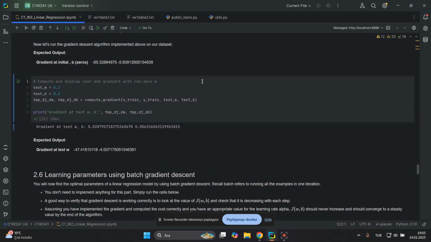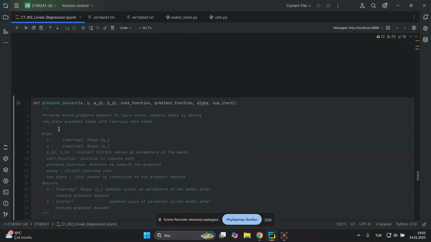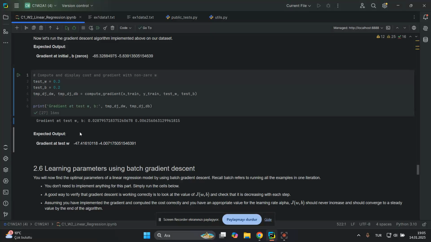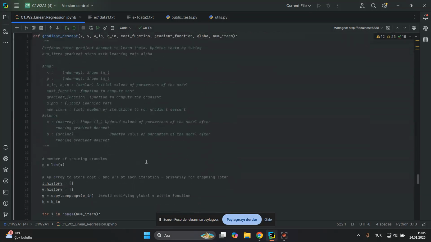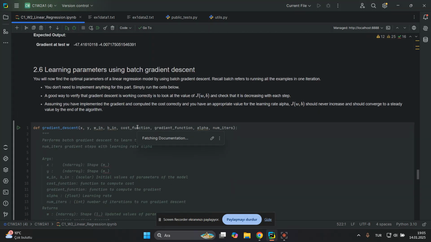Now the gradient descent algorithm. In the learning part, using batch gradient descent, you will now find the parameters w, b of the linear regression model. Batch gradient descent refers to running through all the examples in one iteration.